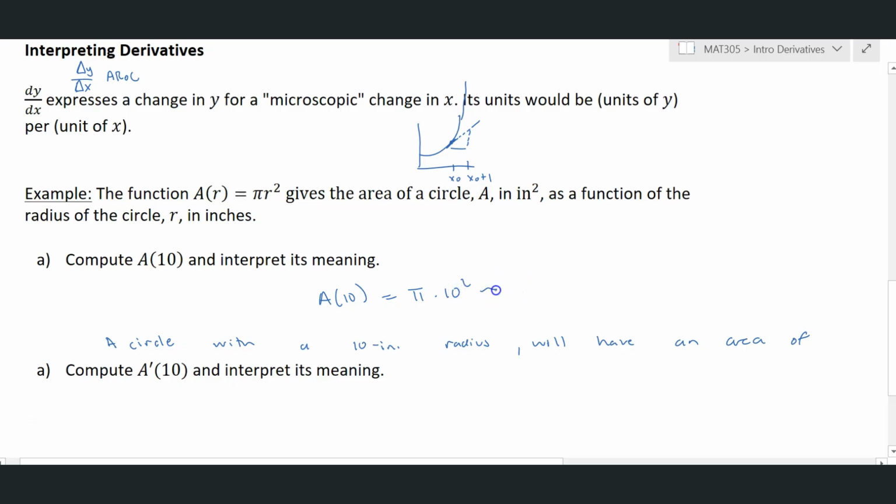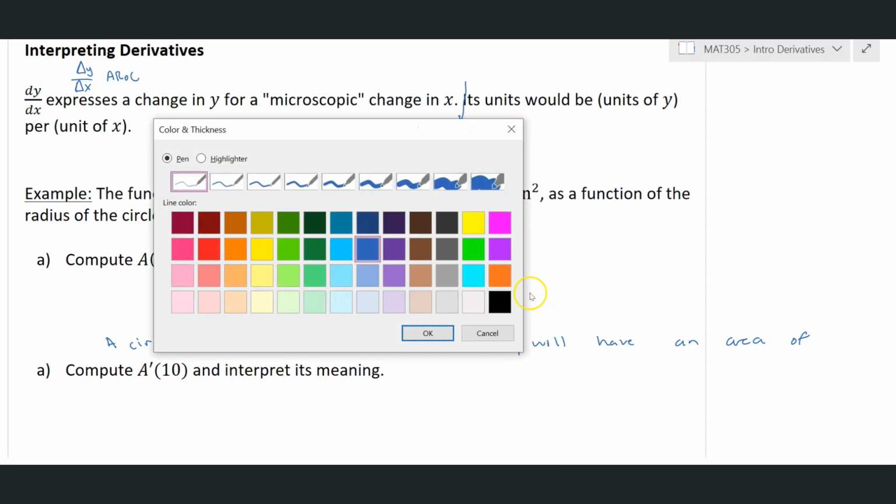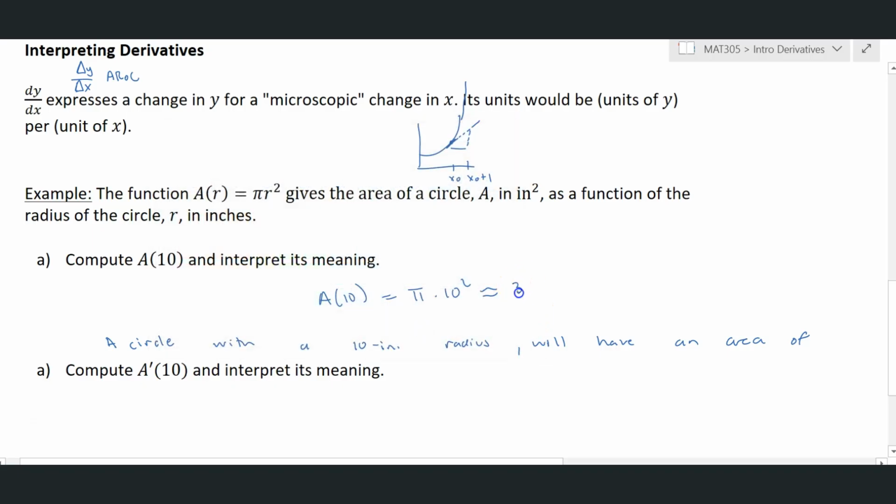And that comes out to, we'll just round to the nearest tenth, 314.2 square inches. And so that would be the area of our circle, 314.2 square inches. So notice that the units of both the input and the output are not rates, they're just static amounts.